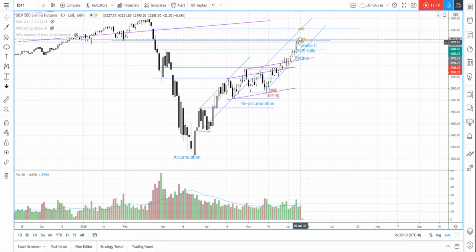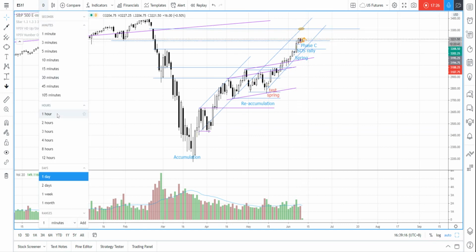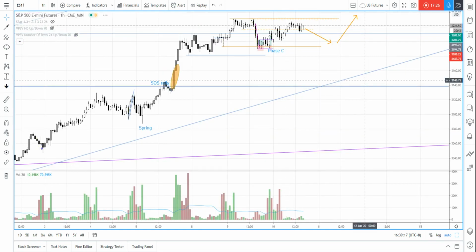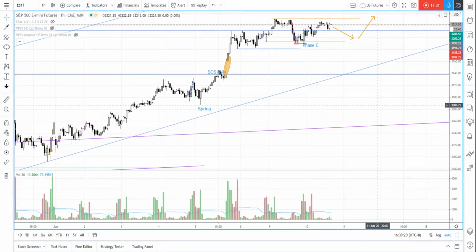So we are just bumping into the resistance area and started to consolidate within this resistance area. So what we need to see is the S&P 500 to resolve itself out from this resistance area, either break up or break down, and eventually to resolve from the high level of the supply as well.